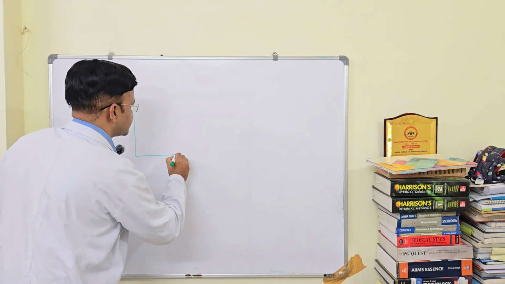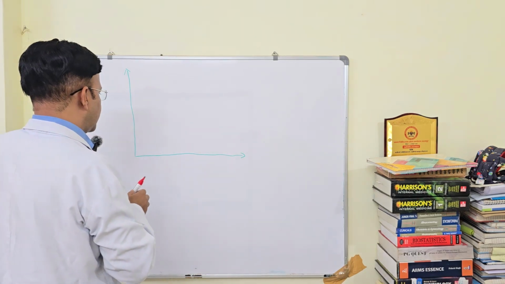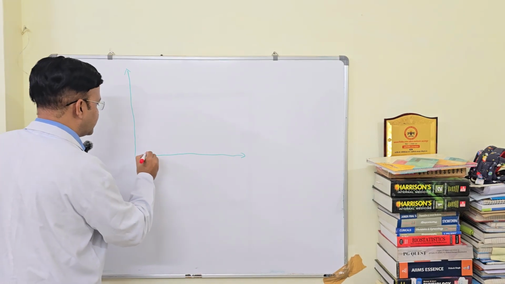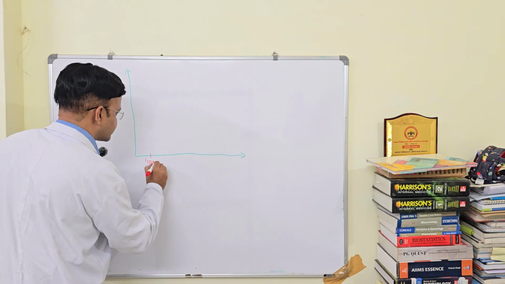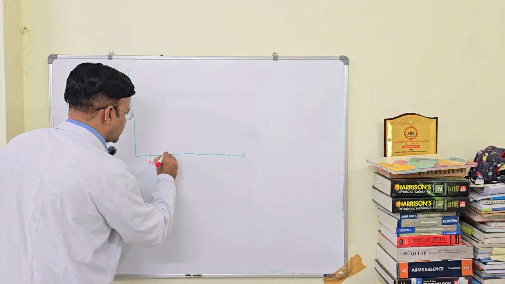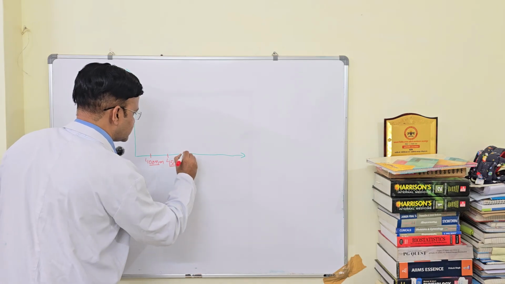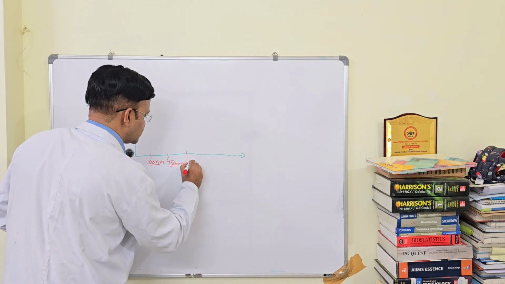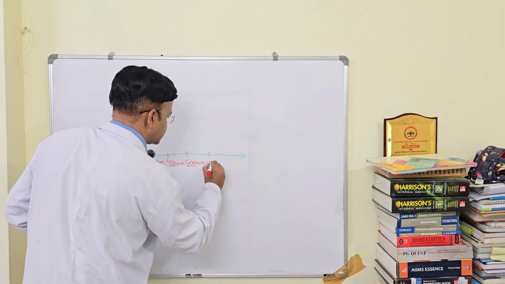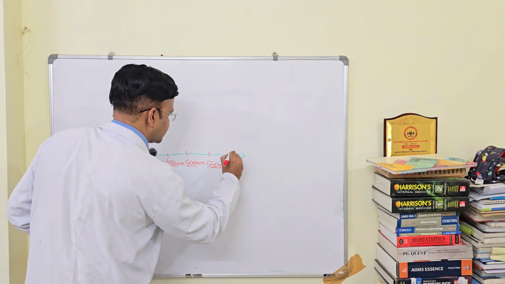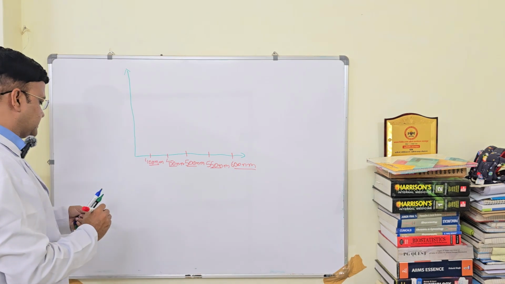On the x-axis we will have wavelength: 400 nanometer, 450 nanometer, 500 nanometer, 550 nanometer, and 600 nanometer.